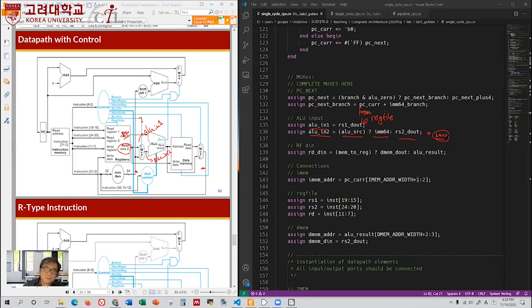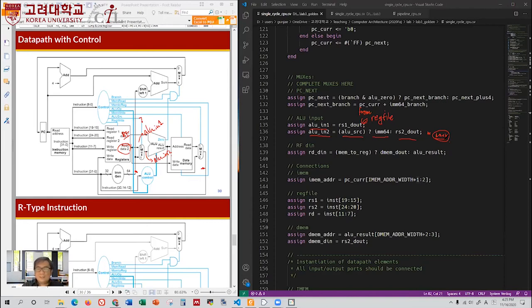Some student posted a question about how to implement the mux in the Verilog code. We can implement a mux module and instantiate it in our design, but that is somewhat cumbersome.